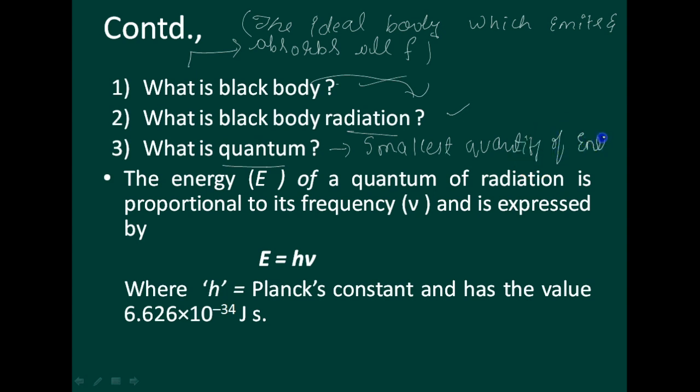The energy of a quantum of radiation is proportional to its frequency and is equal to hν, where h is Planck's constant, 6.626 × 10^-34 joule second.